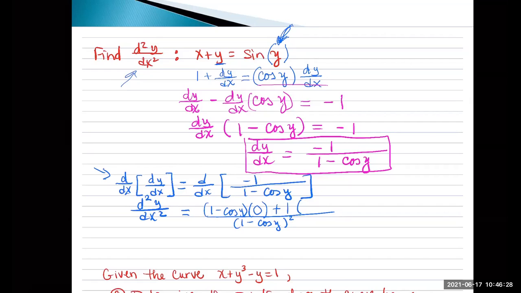So now I'm going to take the derivative of this denominator. The derivative of 1 is 0, minus the derivative of cosine y. Can you help me out there? What would be the derivative of minus cosine y?